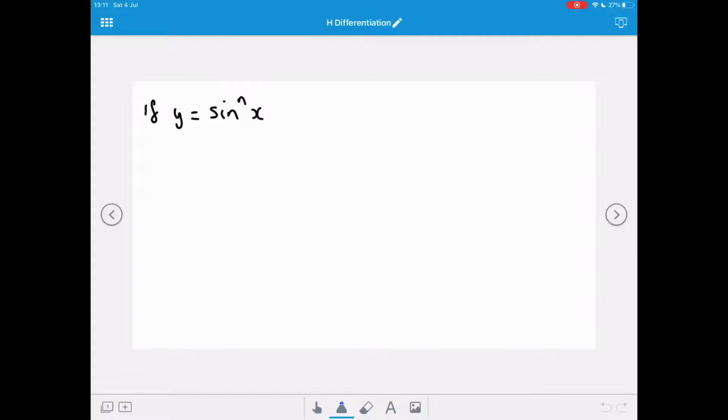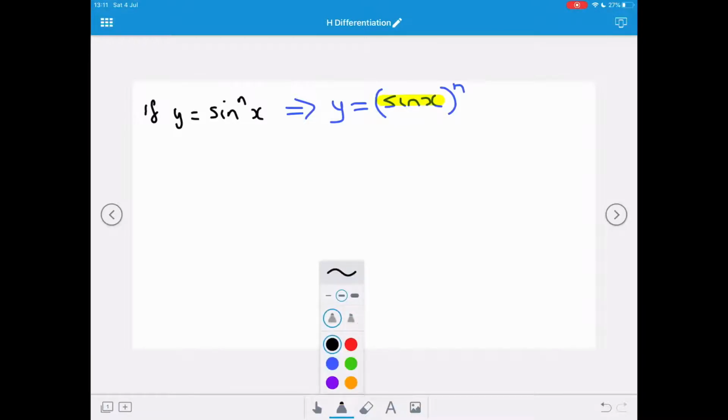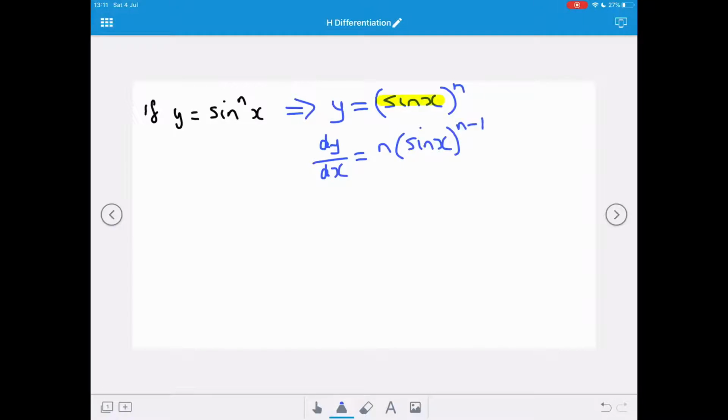Now in trigonometry, if the power is after the trig function, then we're really writing this as y equals sine x all to the power of n. So this time the inside function is the sine x. So again, in Leibniz notation, dy by dx is going to equal n multiplied by sine x to the power of n minus 1.